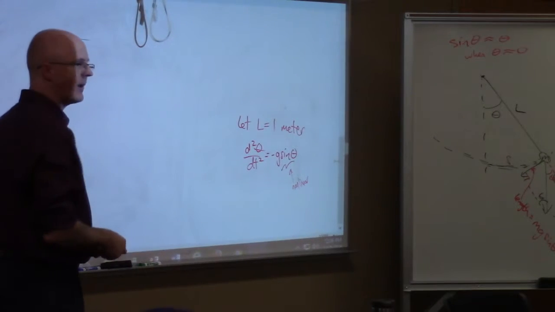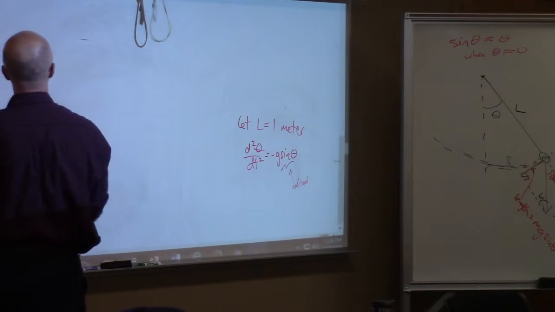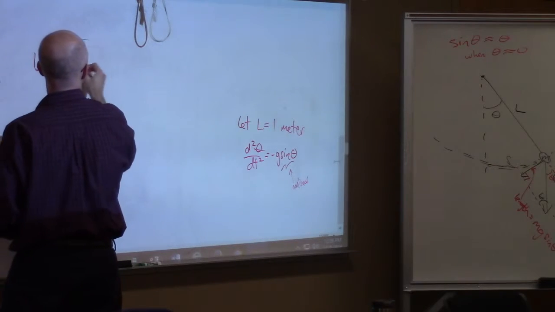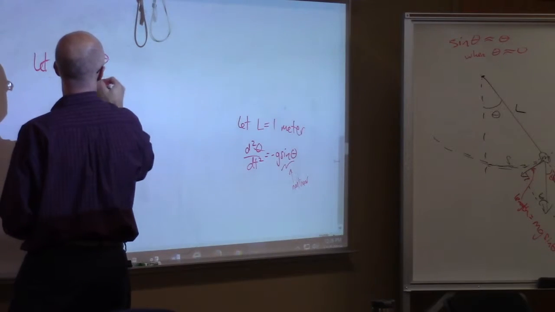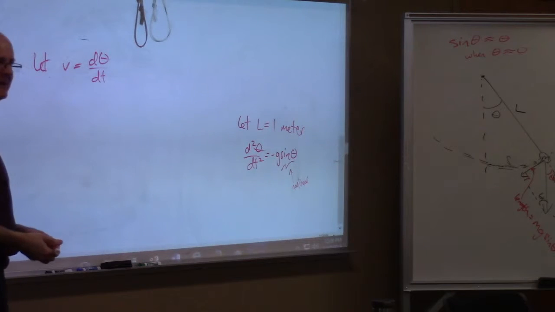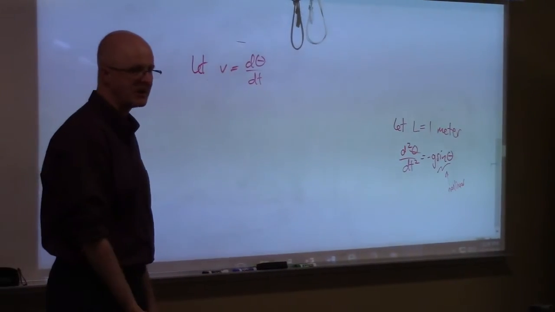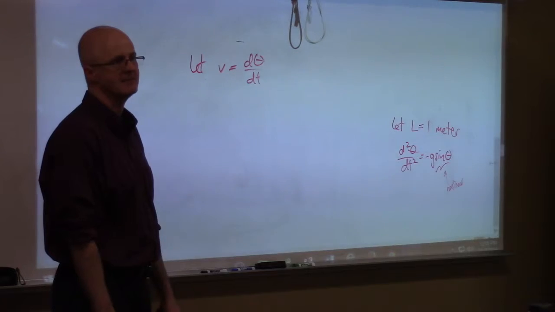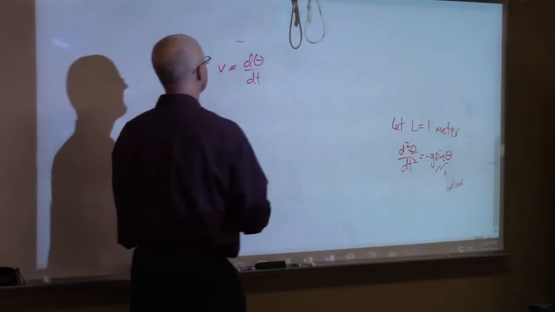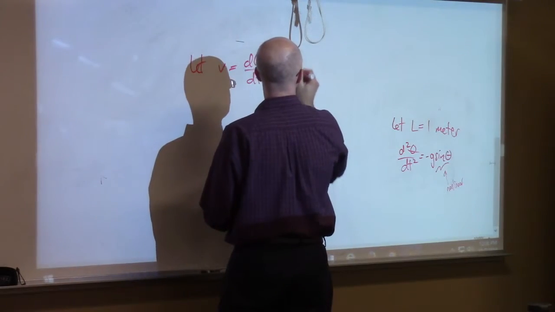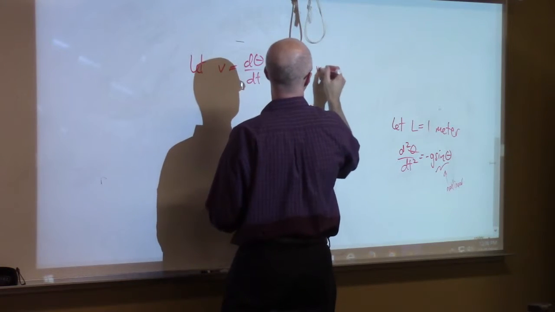Just like before, though, we can write this as a system. We can consider v to be d theta/dt, although that's an angular velocity, not an actual velocity. An angular velocity would be in radians per second, whereas an actual velocity would be in meters per second. I'll call it v anyway.